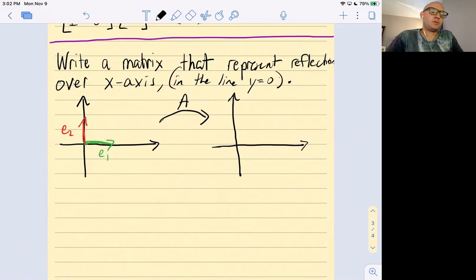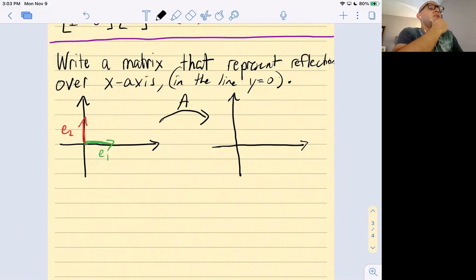So yeah, what happens to E1? Can anyone tell me? Can anyone say what happens to E1 if we?